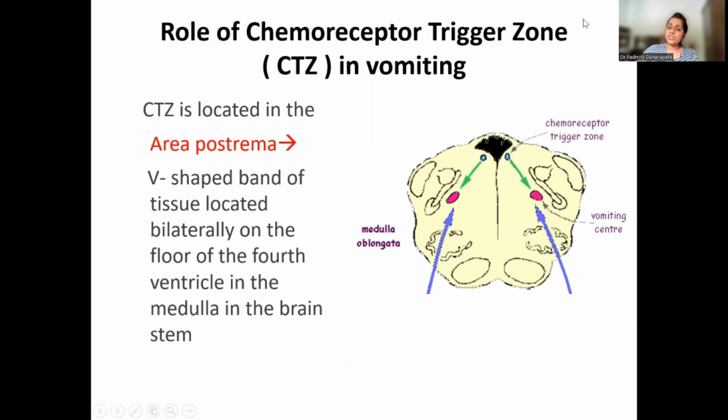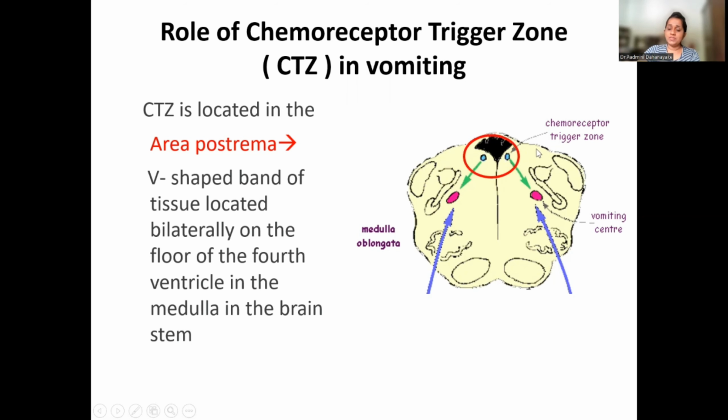Now the chemoreceptor trigger zone is located in the area postrema. Here is the location. It is a V-shaped band of tissue located bilaterally on the floor of the fourth ventricle in the medulla oblongata. You can see that.